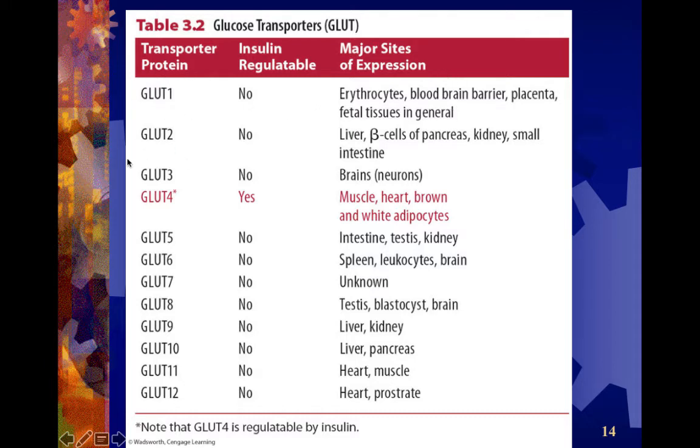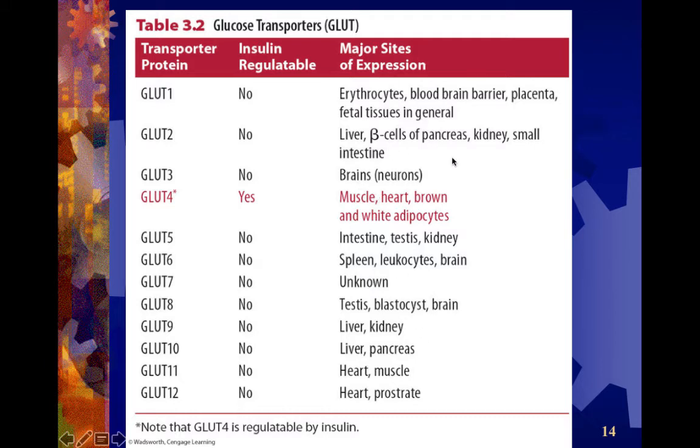Look at GLUT2. It's in liver cells, beta cells of the pancreas, kidney, small intestines. So you can see that these GLUTs are distributed throughout the body, but you tend to have one type of GLUT in certain tissues, and other tissues might have a different type of GLUT. Okay, so you can see there's a long list here.